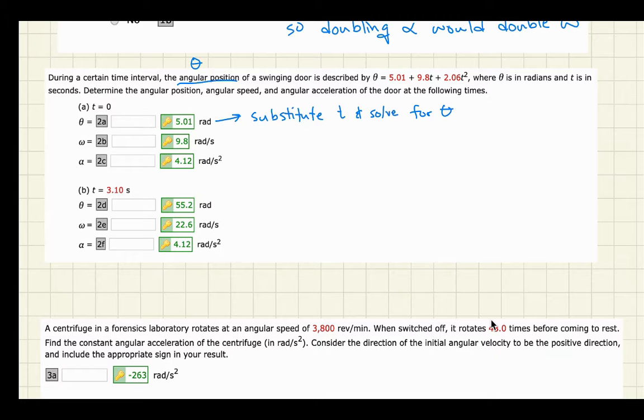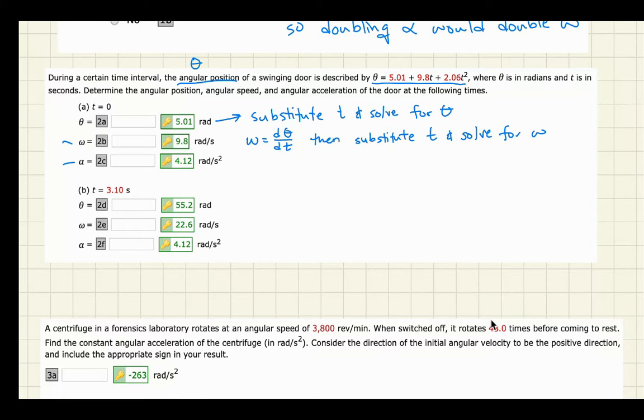Now, when we get to omega, angular velocity, and alpha, angular acceleration, we'd have to manipulate this function for theta such that it then describes omega. So we would say omega is the derivative of theta with respect to time. So we would take the derivative of this relationship, then substitute t and solve for omega.